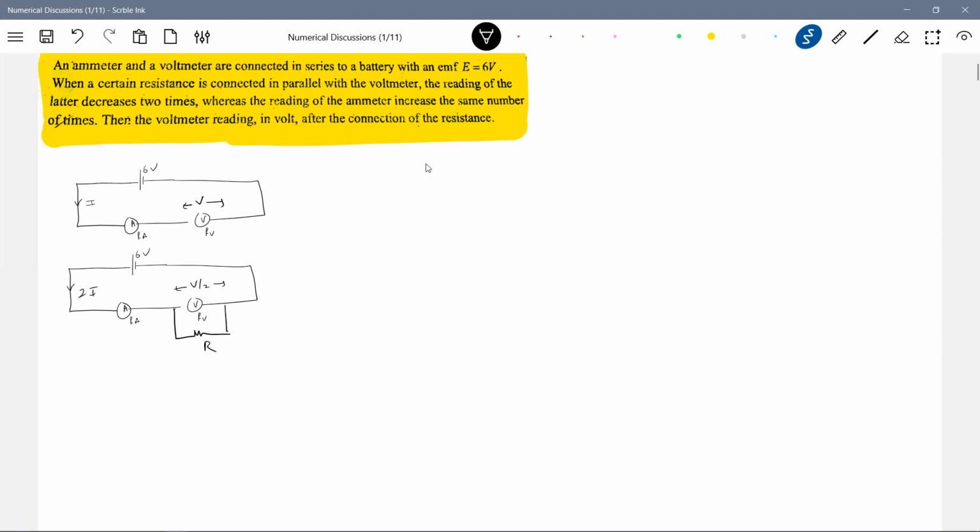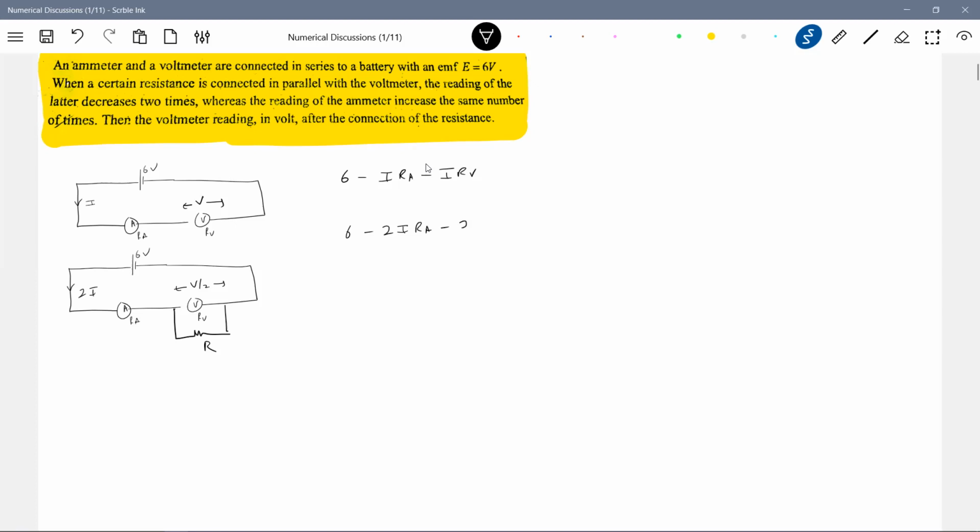Okay, that's the information we have. Regarding the battery's internal resistance, nothing is given. But the ammeter and voltmeter must have certain resistances. So we'll write the equation: 6 minus I into RA. Next, this will be 2I into RA.